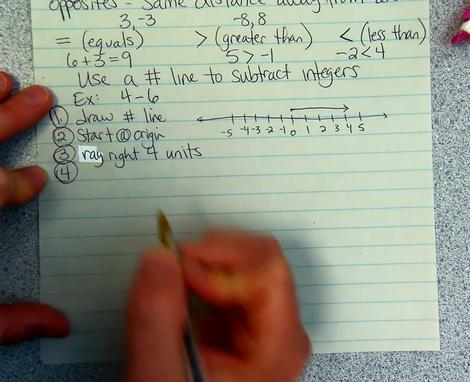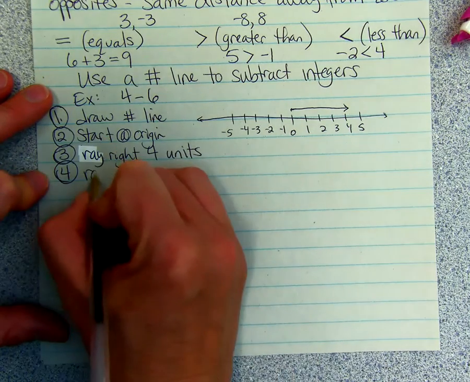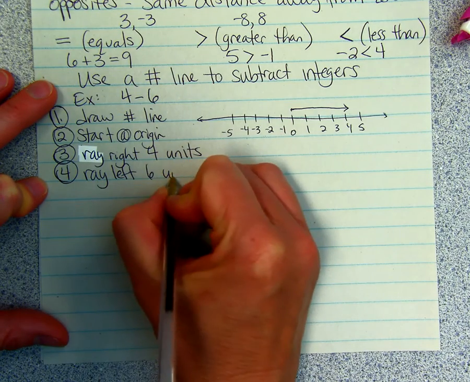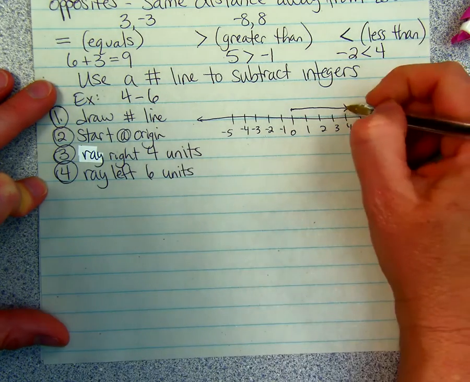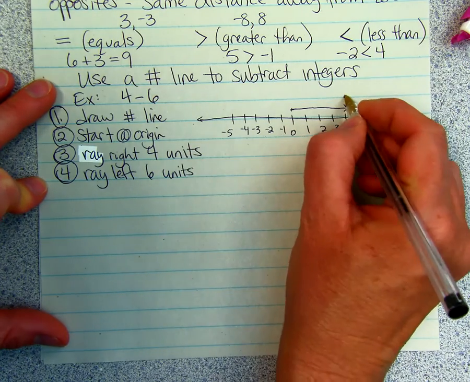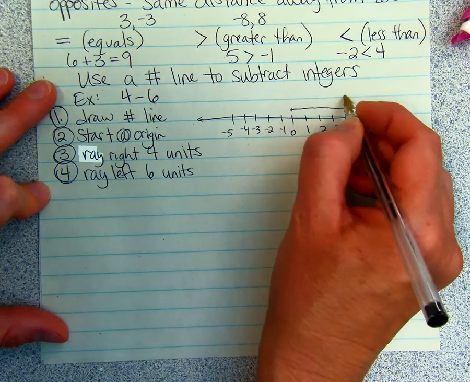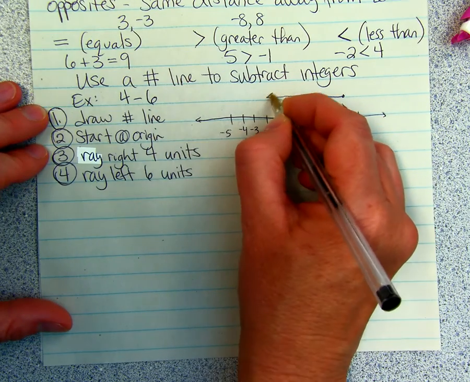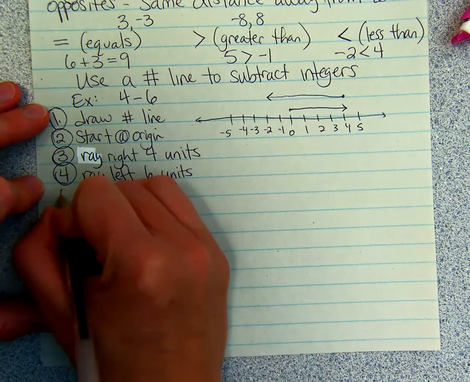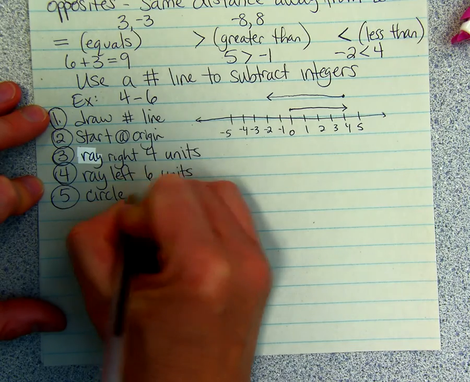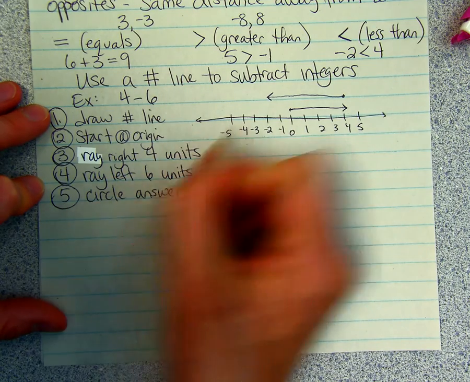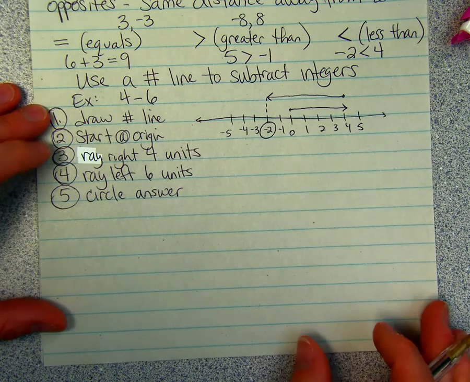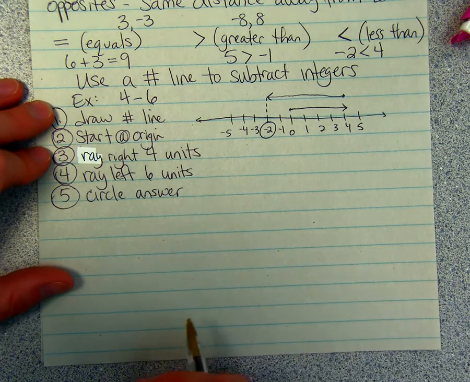And then the last step is you're going to draw a ray left 6 units. So right from where you were at, you just draw a ray left. So we know to 0 is 4 units, so we have to go 2 more. And then we're going to circle our answer. So we just drop down -2. So 4 minus 6 equals -2.